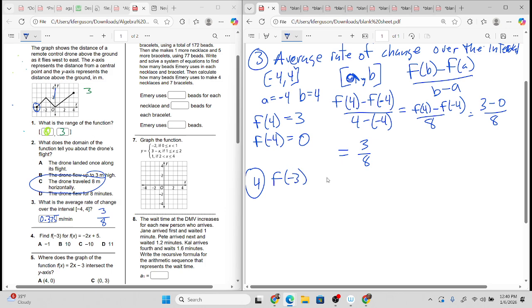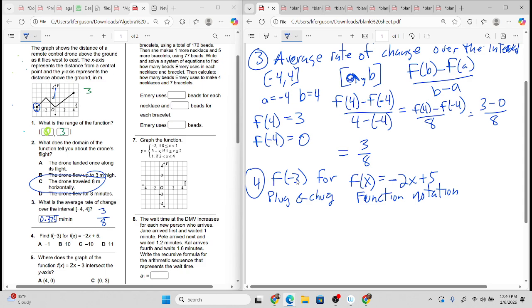So we got find f of -3 for f of x equals -2x plus 5. This is just a plug and chug problem. You got function notation, right?